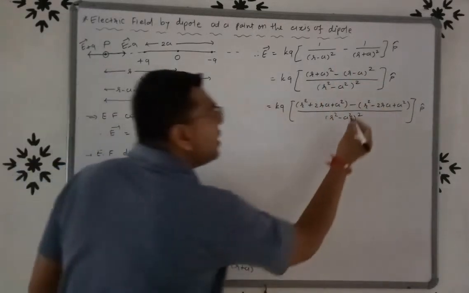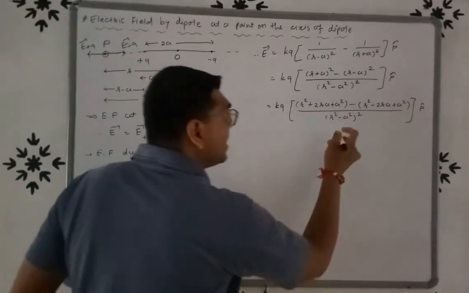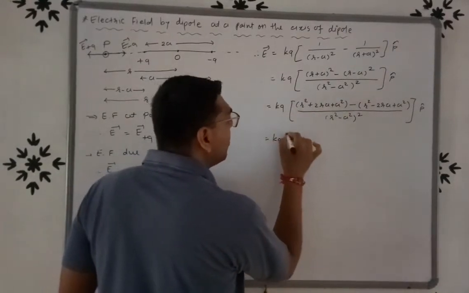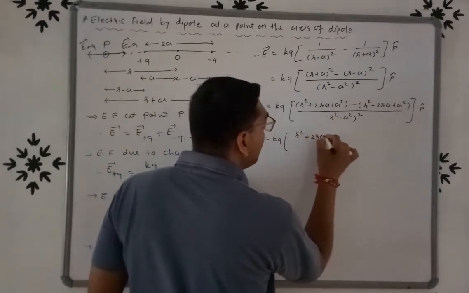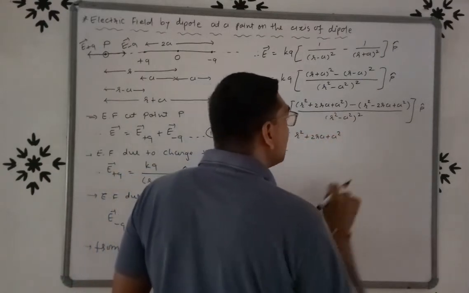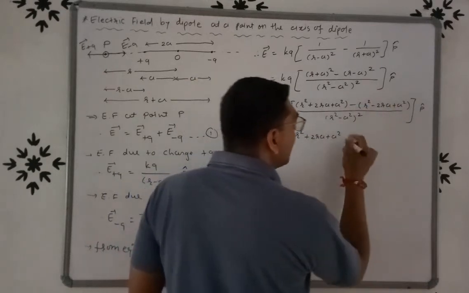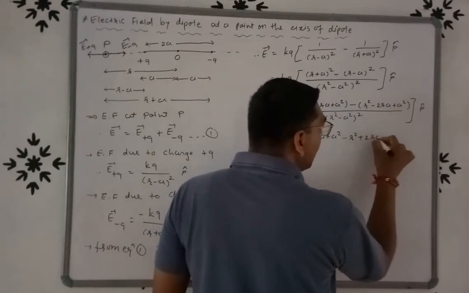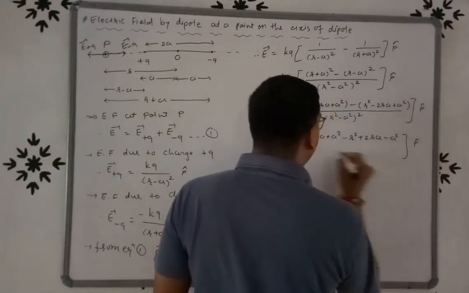Now if we take the negative inside the bracket, then we will get k cube, r square plus 2ra plus a square as it is. Now if we take this negative into the bracket, then r square becomes negative, 2ra becomes positive, a square becomes negative, p cap.